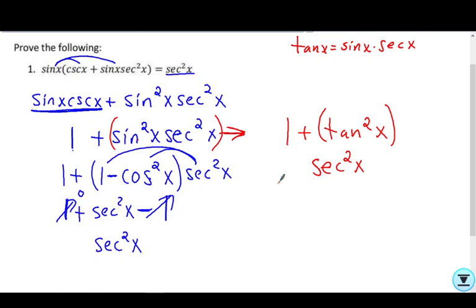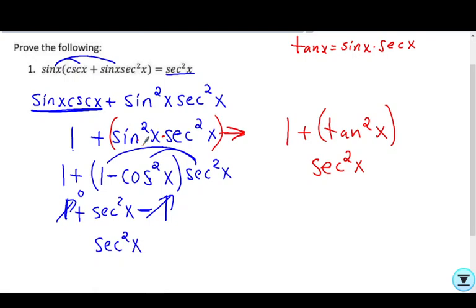So that one saves us a little time and effort. Or you could have done the same thing, because multiplying by secant squared is the same thing as dividing by cosine squared, and you would have gotten sine over cosine to do it that way. That would definitely have been a way of doing it.